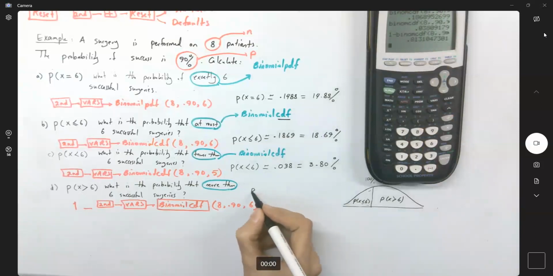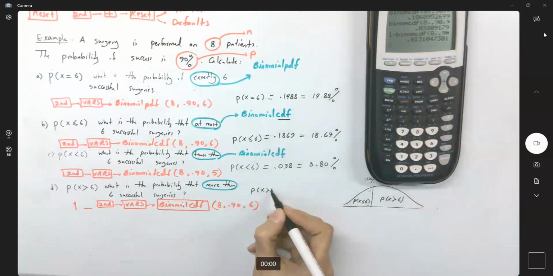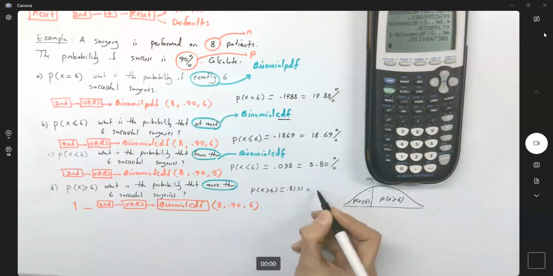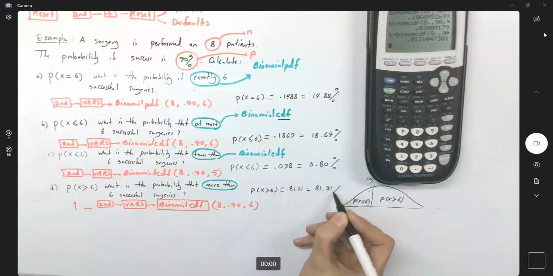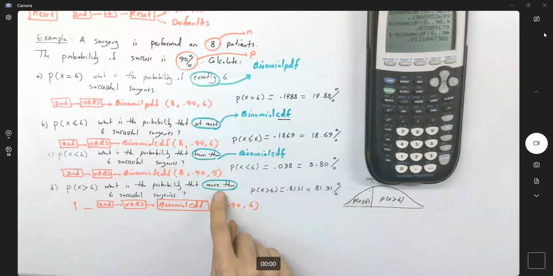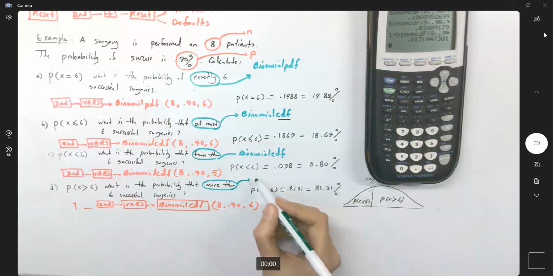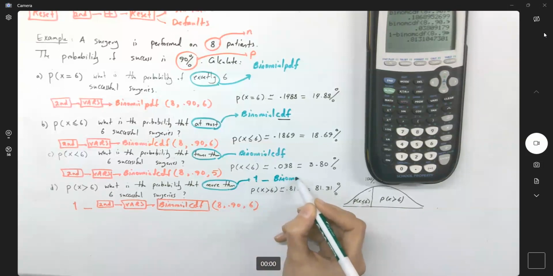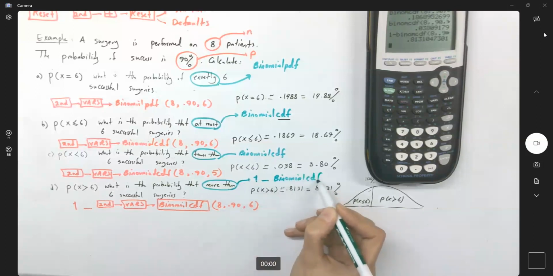So the probability that x is more than 6 is about 0.8131 or 81.31%. More than, 1 minus binomial CDF.